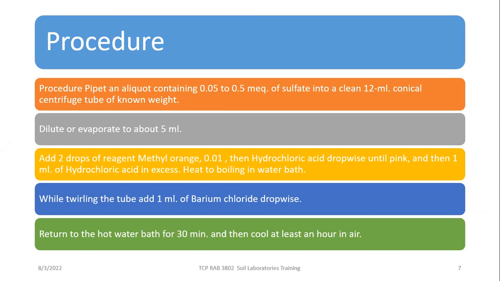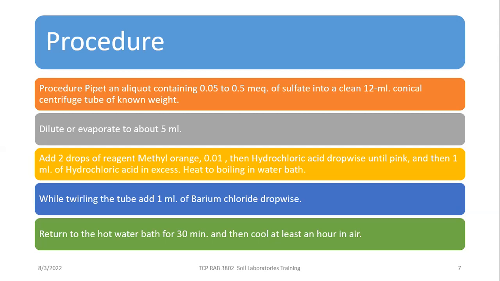Add 2 drops of reagent methyl orange, 0.01%, then hydrochloric acid dropwise until pink, and then 1 ml of hydrochloric acid in excess. Heat to boiling in a water bath. While twirling the tube, add 1 ml of barium chloride dropwise. Return to the hot water bath for 20 minutes and then cool at least an hour in air.